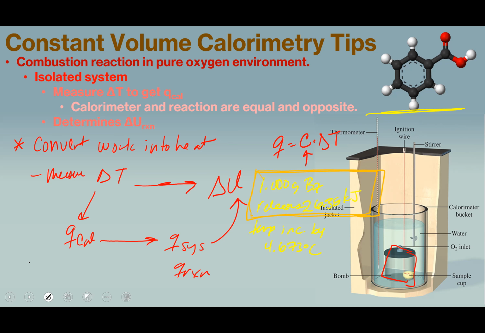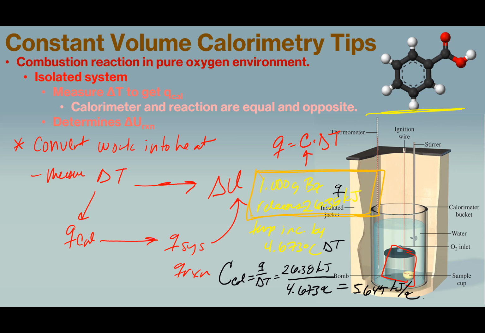So for this particular calorimeter, we can calculate the heat capacity as Q over delta T, which is 26.38 kilojoules over the temperature change, 4.673 Celsius. So for this particular calorimeter, C is 5.645 kilojoules per Celsius. I'm sorry, I'm writing on the picture, but I forgot I was doing this example.